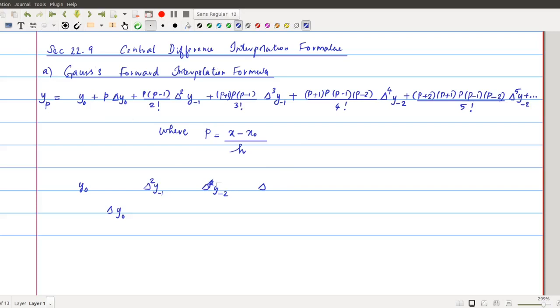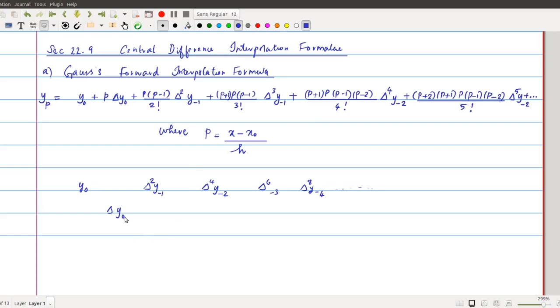I'll write it as delta raised to 4 y minus 2, delta raised to 6 y minus 3. Write all the even powers here. Delta raised to 8 y minus 4 here, and etc. So this is what we call the center line.